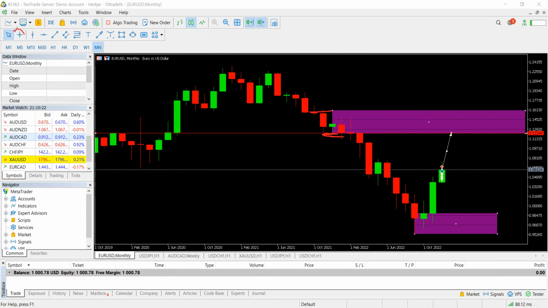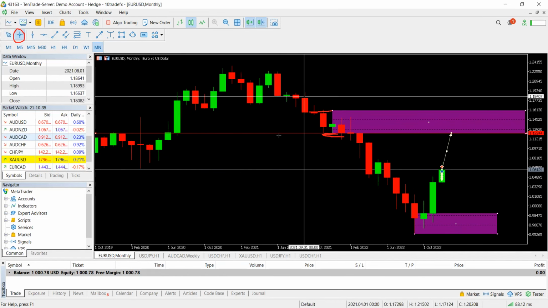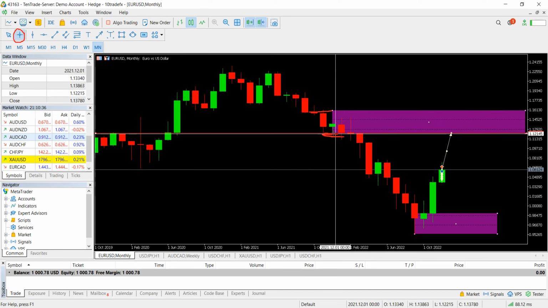This cross sign is called the crosshair. So that's a tool that we use to calculate pips. So you just go to it, select it, and then you see the cross thing come out. So from your entry starting point, you click on it, and then you just drag it up to your exit, to your stop loss.